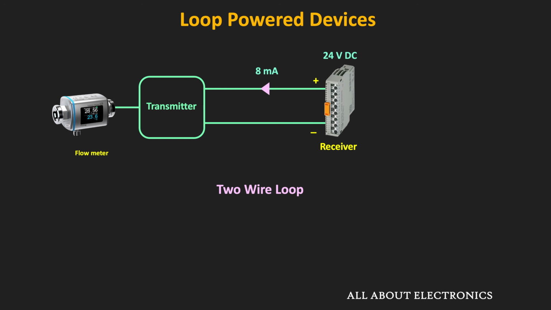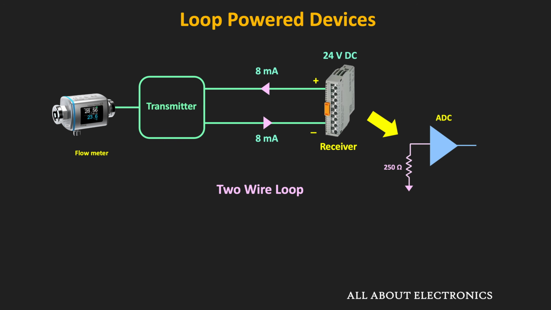And then the same current will return through the loop. So now on the receiver end, there will be a 250 ohm resistor, and through this resistor, this 8 milliampere current will pass. So due to that, there will be a voltage drop across it, and the ADC inside the receiver will read this voltage. And in this way, this 4 to 20 milliampere current will get converted into the voltage at the receiver end.